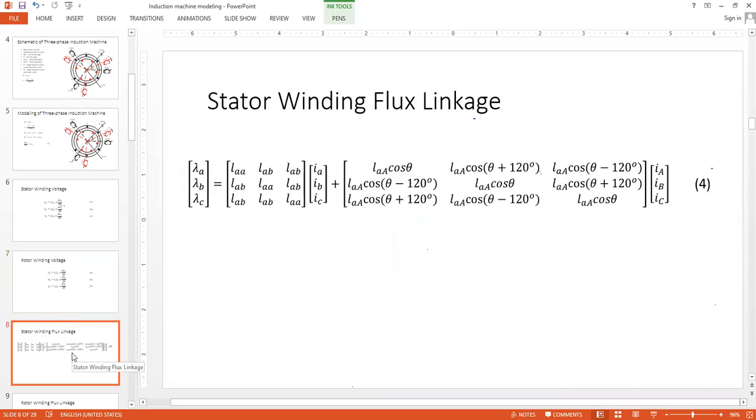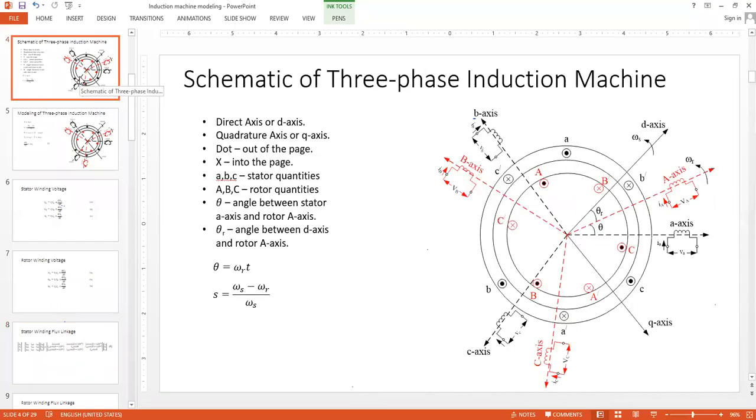Now, let's see the stator winding flux linkage, as we saw for the synchronous machine case. Let's see the flux linkage equation first.